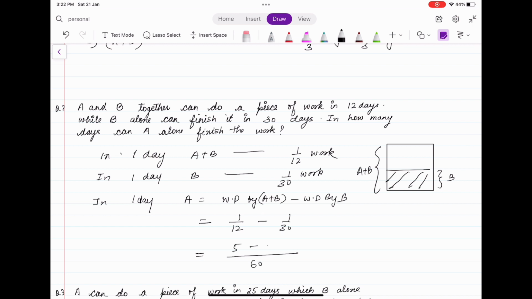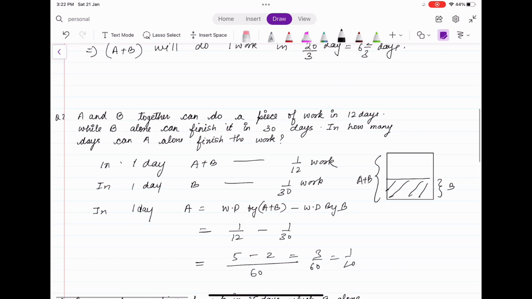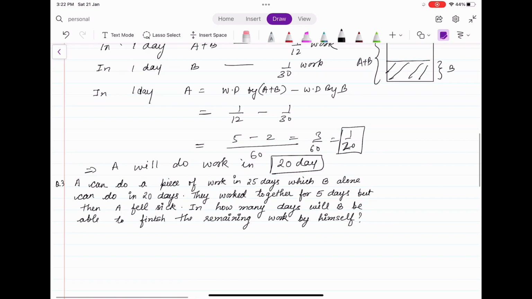Again 5 minus 2, 3 by 60, that is 1 upon 20. So we get the answer. It implies A will do the work in 20 days. How do we get 20 days? Because this was 1 upon 20. From here we get the answer, 20 days. Let's move on to the next one.